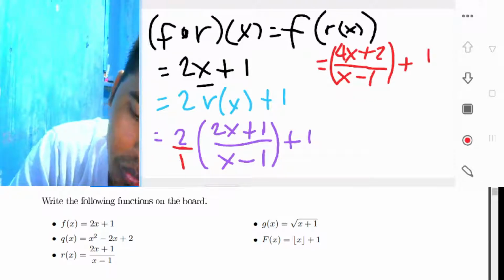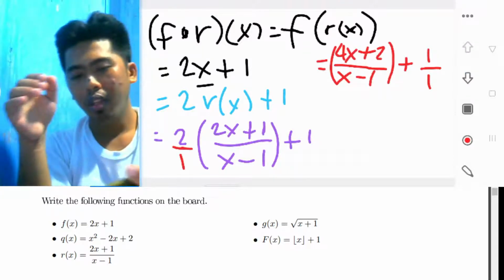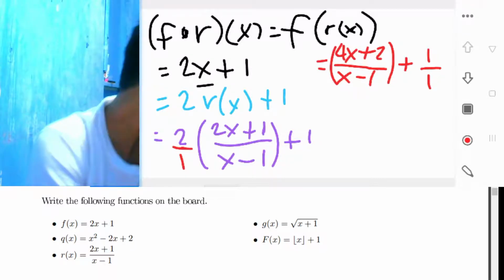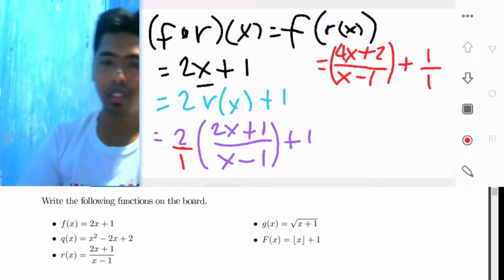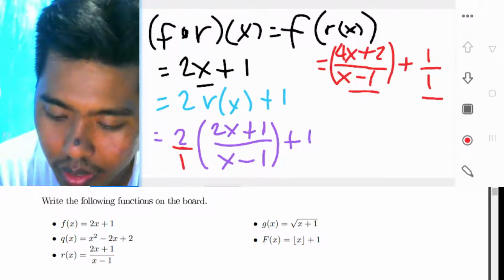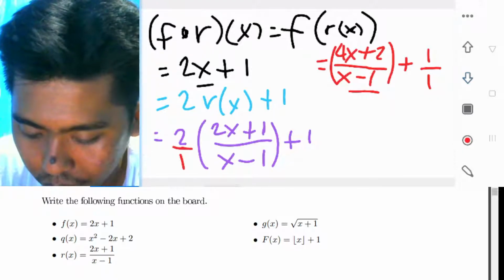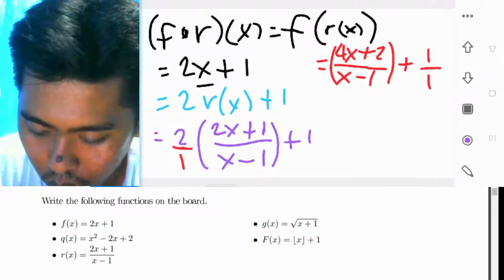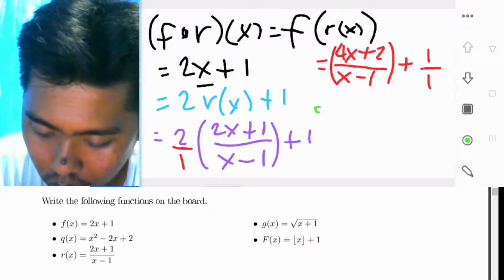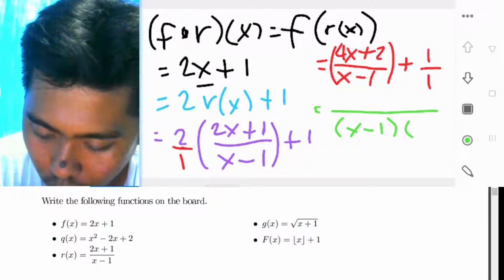So in adding with fraction, let's make this one as a fraction. Okay, so after this one, we're going to have an LCD for the both denominator, and that would be x minus 1 and 1, right? So let's have this green color. So that would be x minus 1 and then 1.